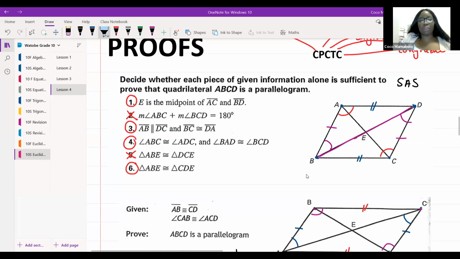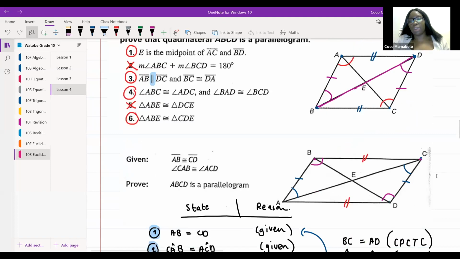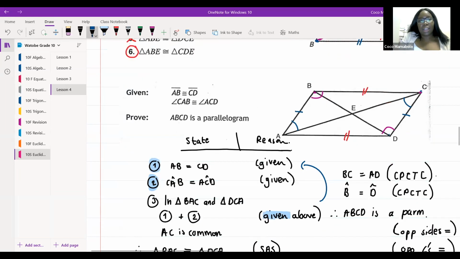If we can even prove that one of the sides is parallel, which we can, we could easily say that because angle A is equal to angle C, that is the converse property of parallel lines.